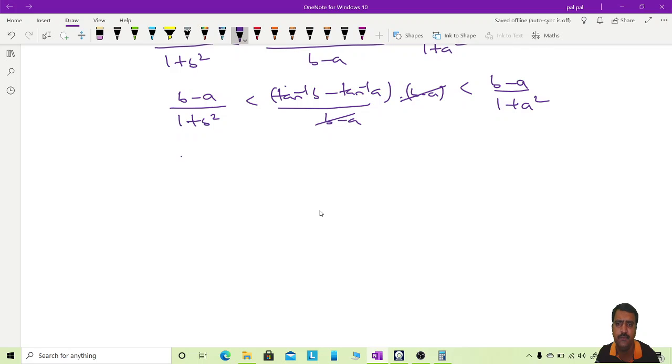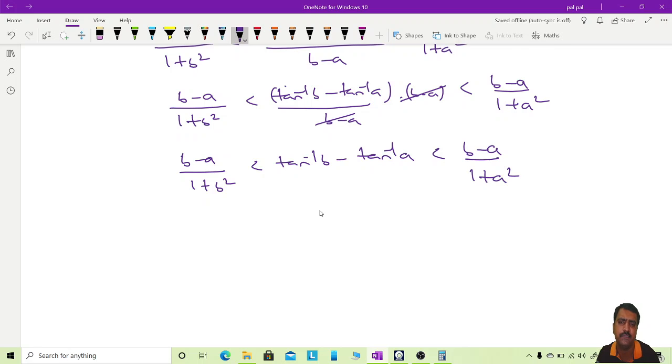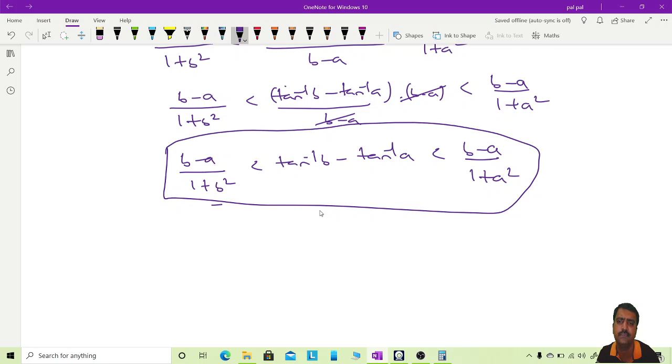So now b minus a divided by 1 plus b square is less than tan inverse of b minus tan inverse of a, which is less than b minus a divided by 1 plus a square. So this is the required final result.